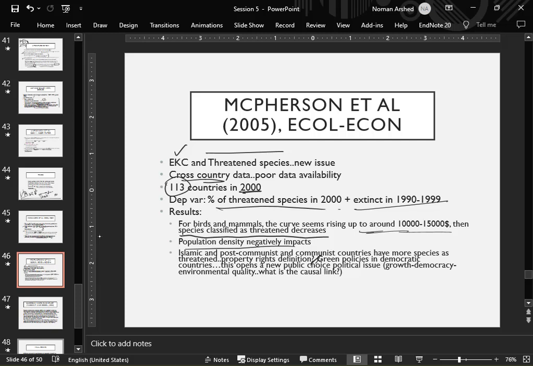Property rights definition is not clear in these countries. Green policies in democratic countries. This opens a new public choice for a political issue, that is growth, democracy, and environment. And what it is saying is that there is an EKC with threatened species as the dependent variable and income as the independent variable.